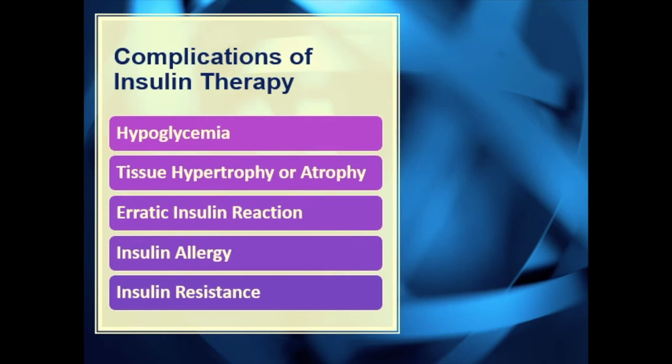Other complications of your insulin therapy. One is hypoglycemia, which is any blood sugar less than 80 or less than 60. Your patient may again manifest with signs of coma. How can your patient prevent hypoglycemia? They need to take their meals on time, as mentioned, 3 meals and 2 snacks.